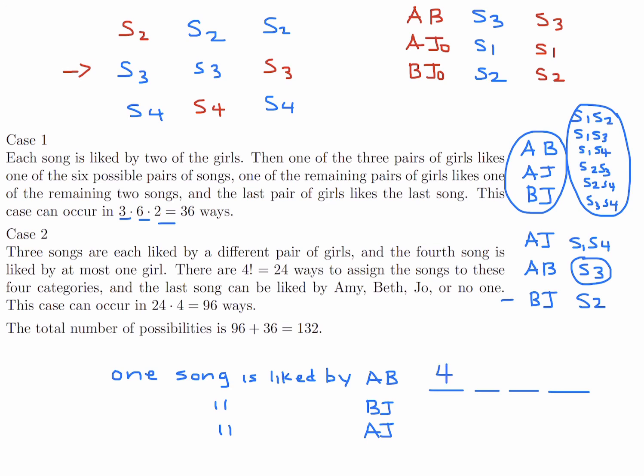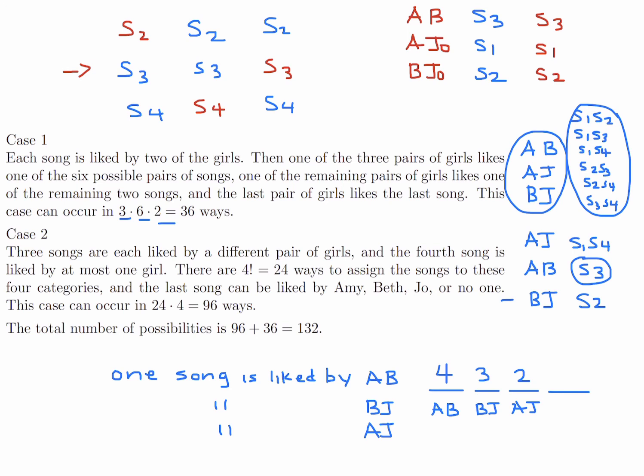So there's 4 possible. Now the next group, BJ, they can like any of the remaining 3. Either, if AB liked S1, BJ can like S2, S3, or S4. So there's 3 possible choices. For AJ, they've got only 2 possible choices. Now at that point, there's 1 song left.